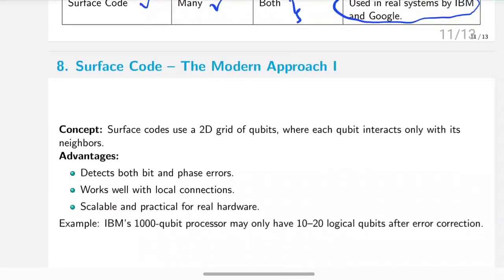Now I will explain a quick example of the surface code.